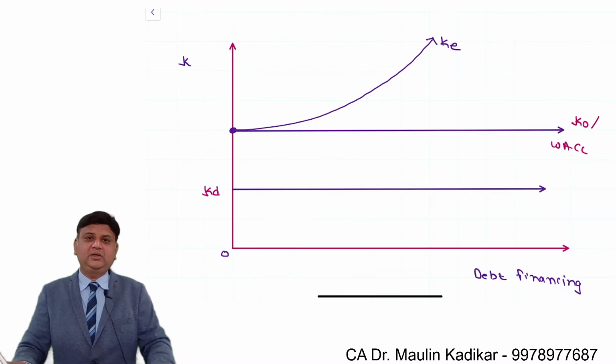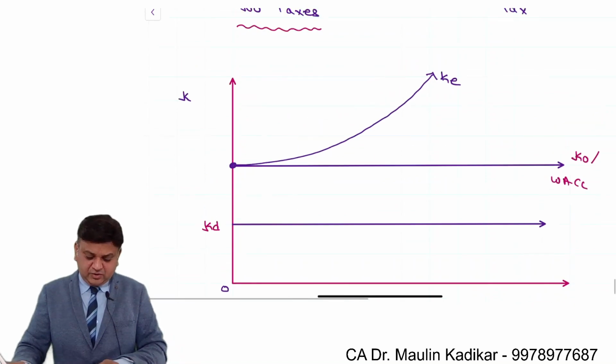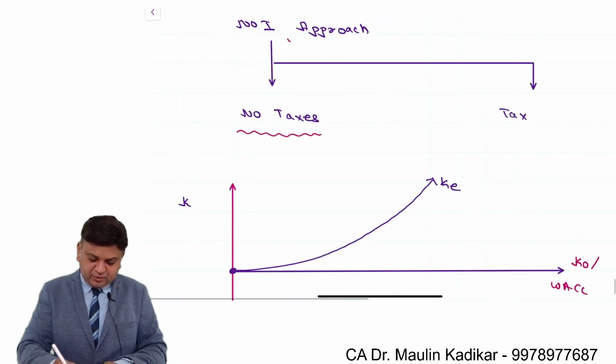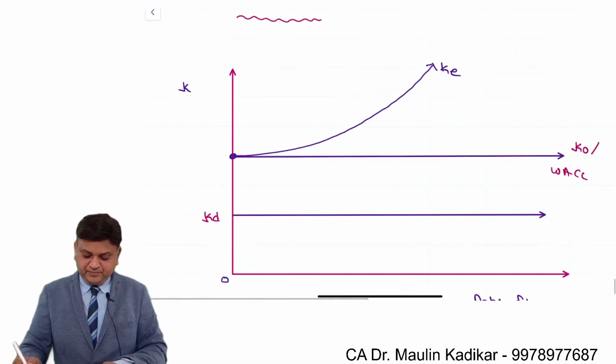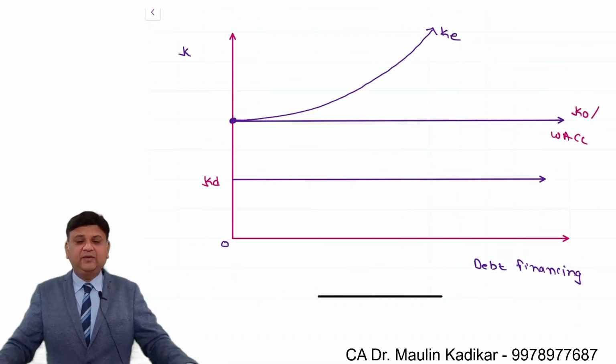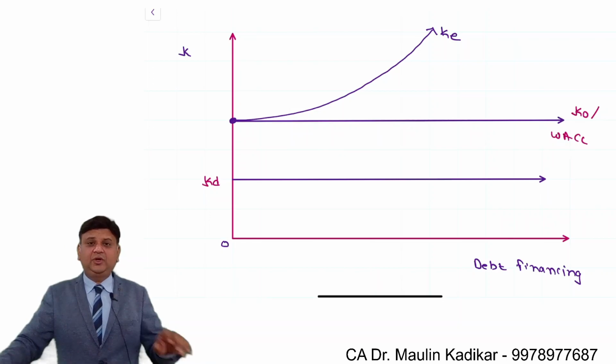This is the conclusion that we have studied about the net operating income approach when there are no taxes. Based on this, we will have the concept of the beta of an unlevered firm.